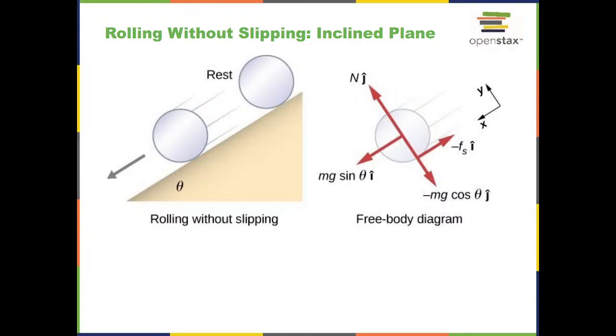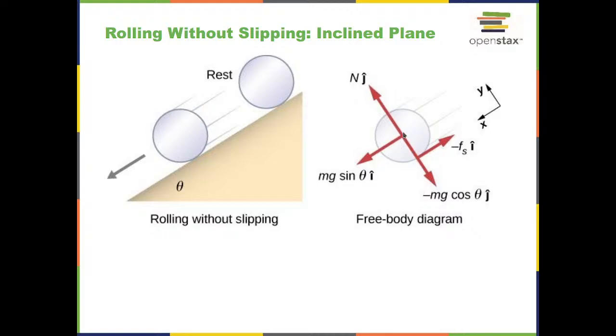The way we approach this is we're going to write down a couple of things. We're going to write down our free body diagram in a coordinate system that has x and y in this direction. We're going to write down our angular motion in terms of the torque around the center of rotation.